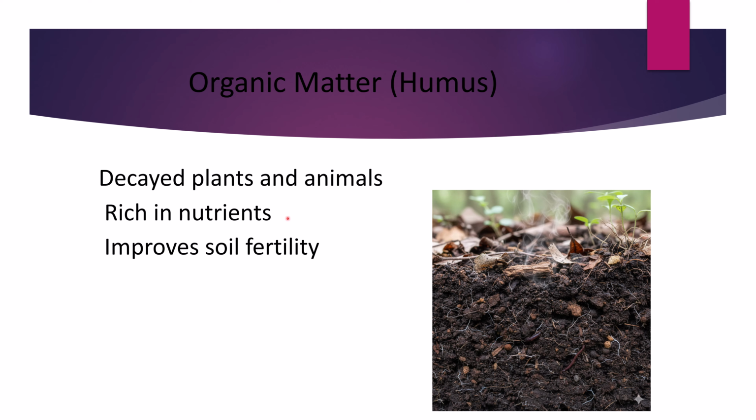Rich in nutrients: as these organic materials decompose, they release the essential minerals and food that plants need to grow strong. Improves soil fertility: it acts like a sponge, helping the soil hold onto moisture and creating a better structure for roots to spread. Essentially, if sand, silt, and clay are the house for the plant, organic matter is the refrigerator full of food.